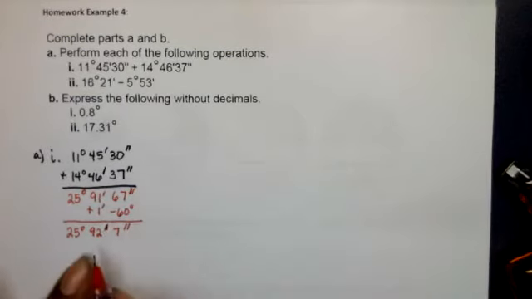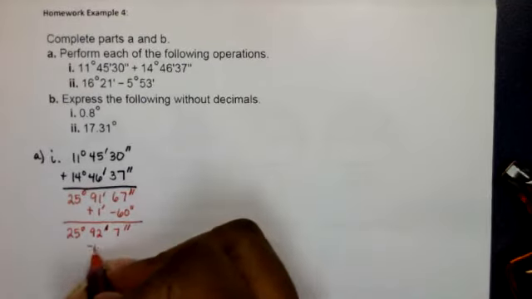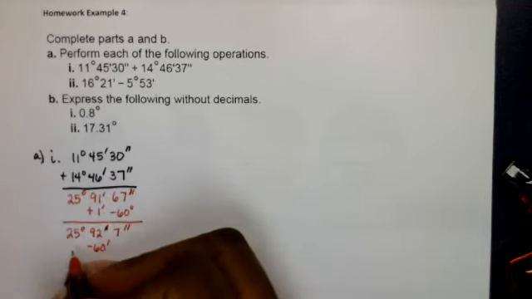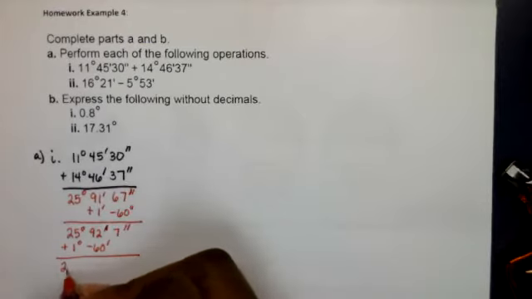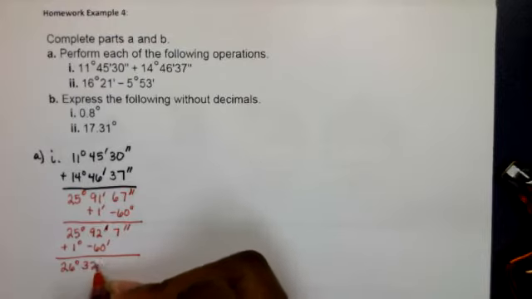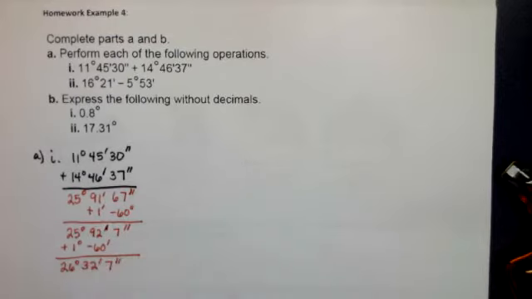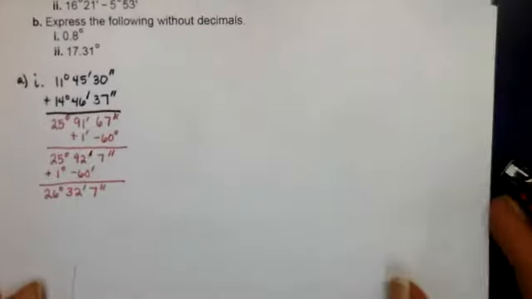Okay, but for the 92 minutes, 60 minutes make up 1 degree. So I need to subtract 60 minutes from 92, and add 1 degree to the 25 degrees. So now this will be 26 degrees. 60 from 92 will be 32 minutes, 7 seconds. Okay, so that will be the final answer in simplest form. 26 degrees, 32 minutes, 7 seconds.